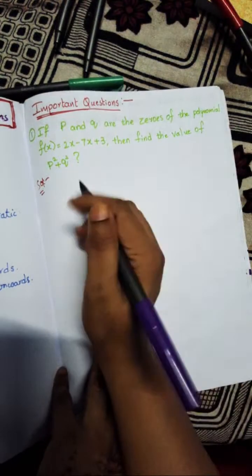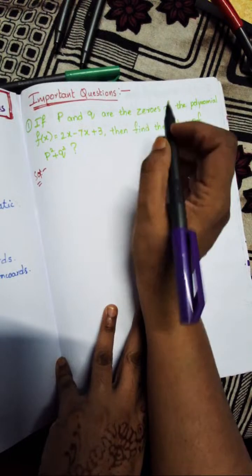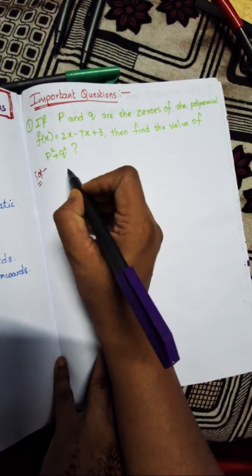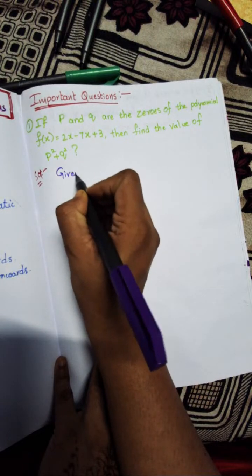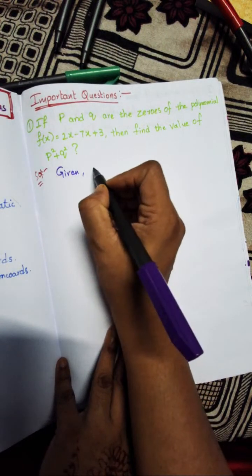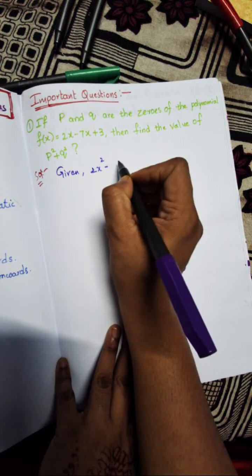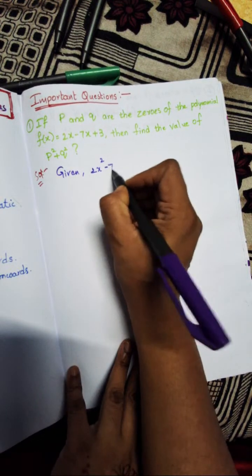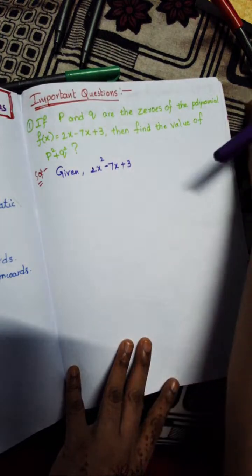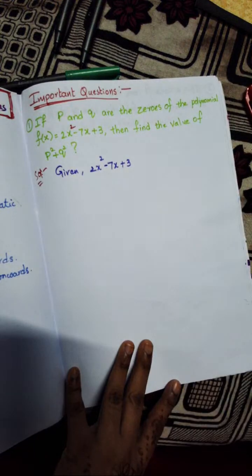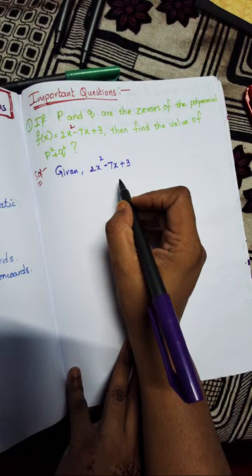We are given that p and q are the two roots or zeros of this quadratic polynomial. The given quadratic polynomial is 2x square minus 7x plus 3.